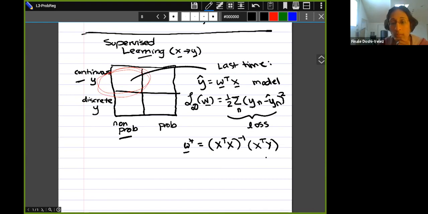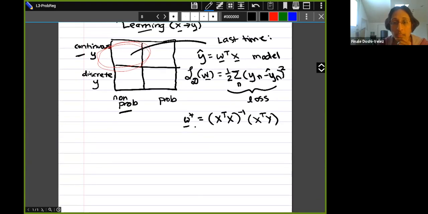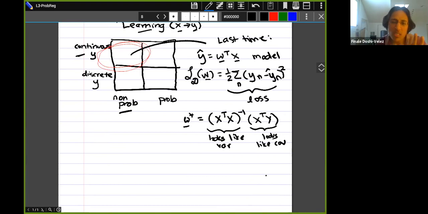And in problem 3 of your problem set, one thing that you're doing is you're squinting at this thing. And as you even look at this, this kind of looks like a covariance, like a variance of X sort of term. And this thing kind of looks like a covariance. It's looking at the relationship between X and Y and this relationship between X and X. So kind of intuitively, maybe this makes sense.